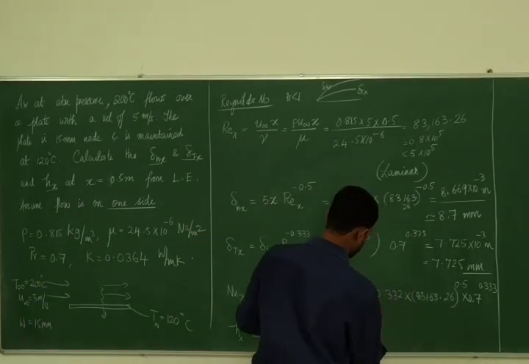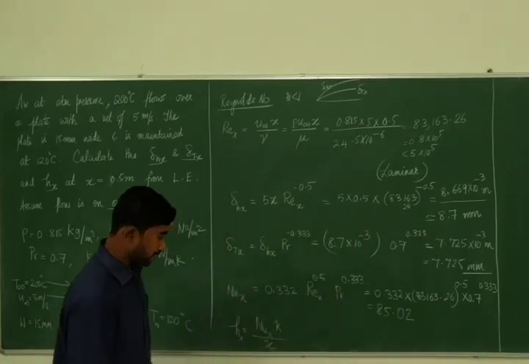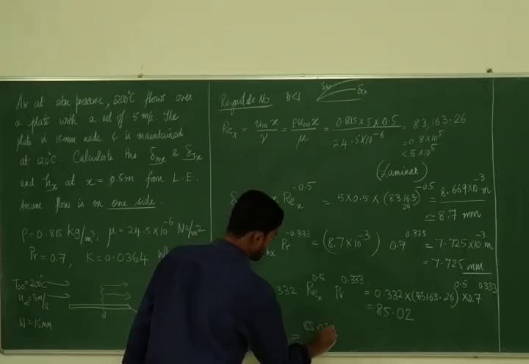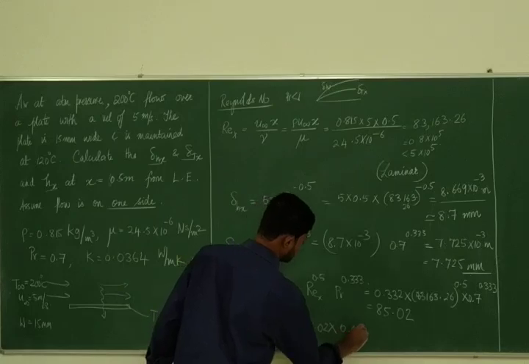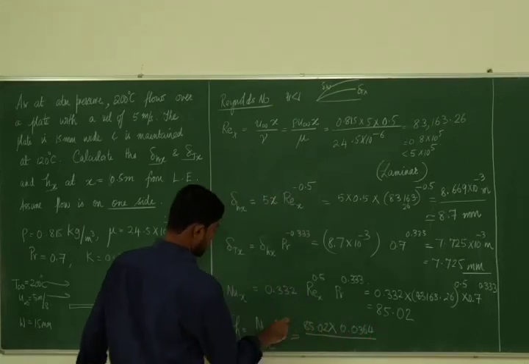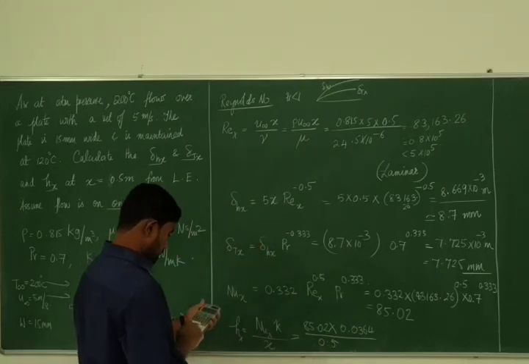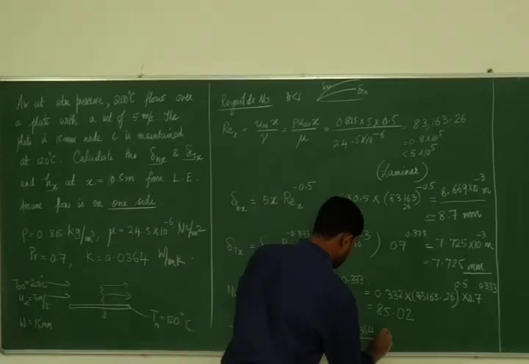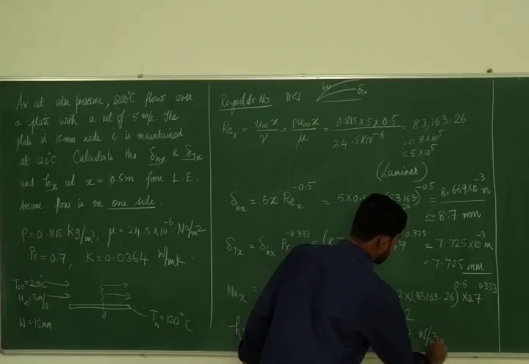This is going to be 85.02. That's the Nusselt number, and you can plug it in here. 85.02 into the thermal conductivity 0.0364 divided by x, which is 0.5, gives 6.19 watt per meter square.